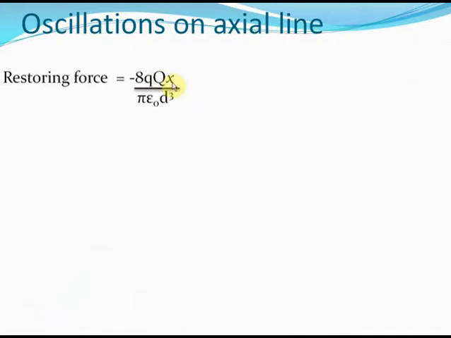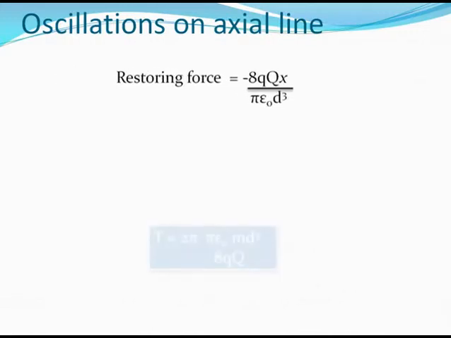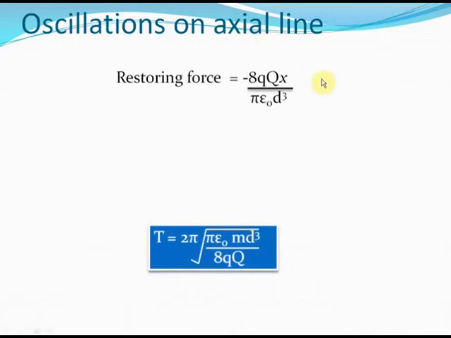And since the force is proportional to x, the oscillation in this case will be simple harmonic, isn't it? This oscillation will be simple harmonic for small values of x, that is when the charge plus q is displaced only by a small distance on the right or the left of the origin.